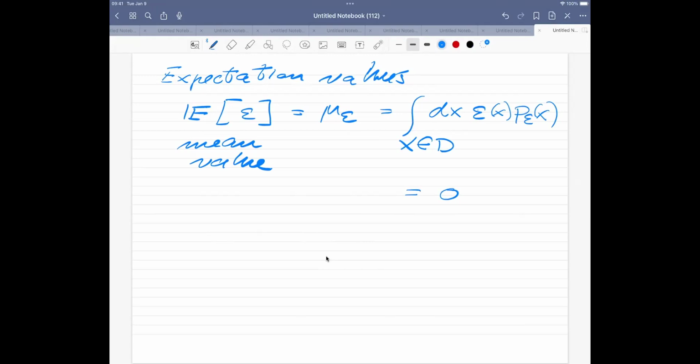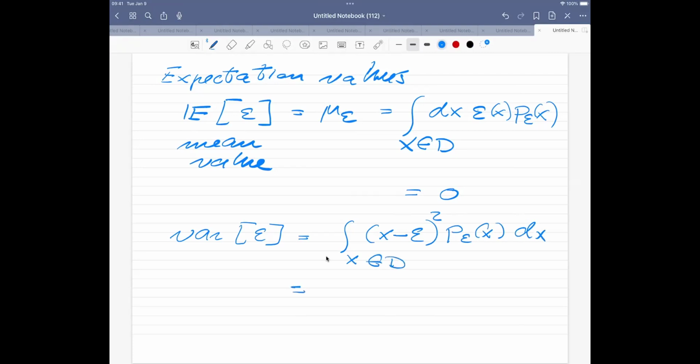Then we have another quantity, which is the variance of this quantity epsilon, the noise. And that is given by an integral over x minus the mean of epsilon, squared, times the probability p of epsilon, dx. And we just define that one as sigma squared.